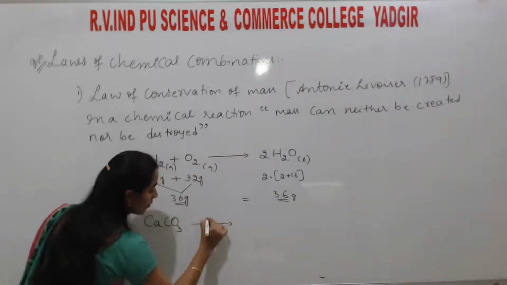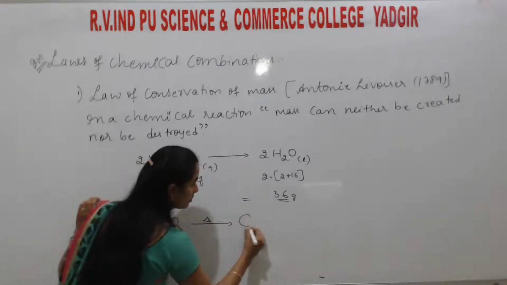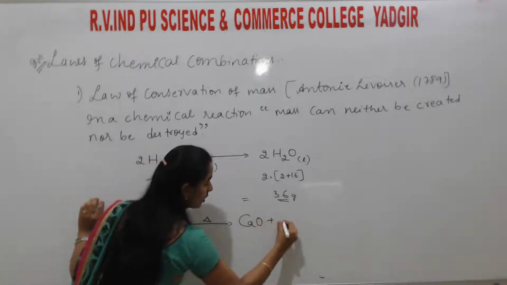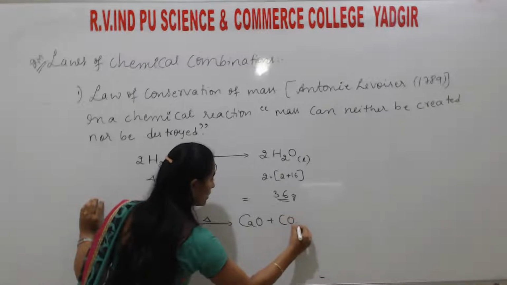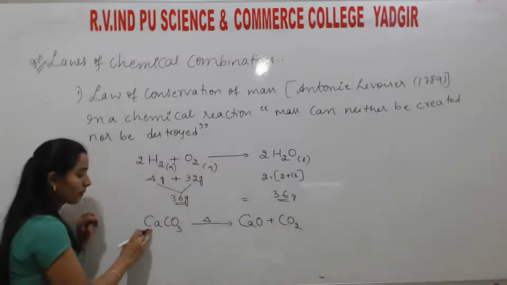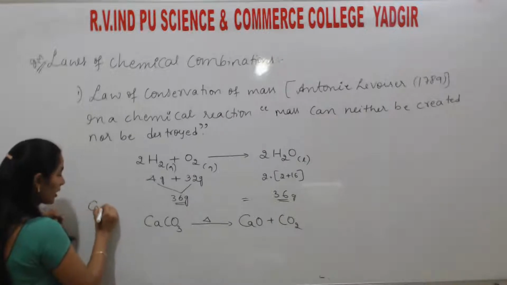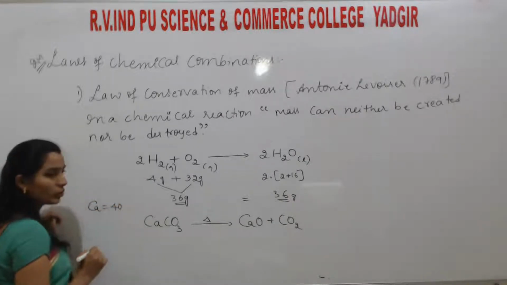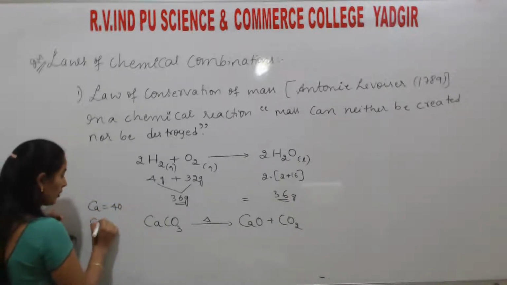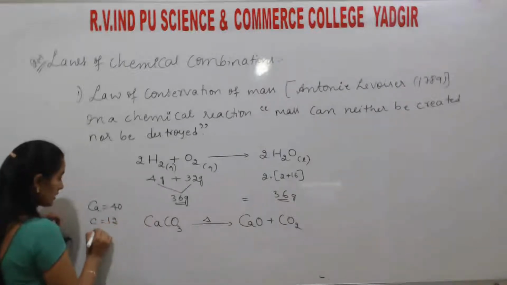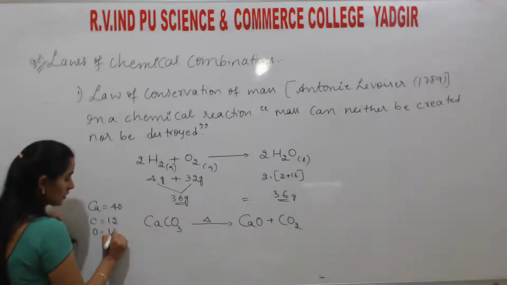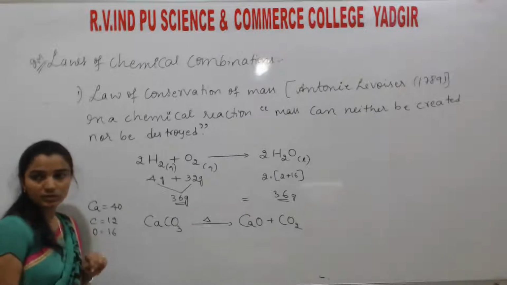CaCO3 decomposes to give CaO and CO2. So students, the calcium atomic mass is 40. And right here, you calculate yourself. Calcium atomic mass is 40, carbon atomic mass is 12, oxygen atomic mass is 16. Oxygen is 3 times.